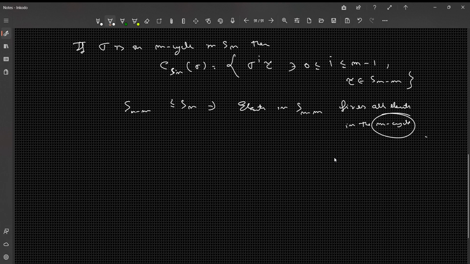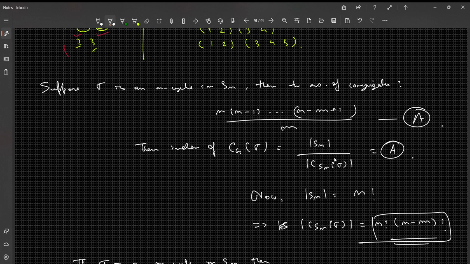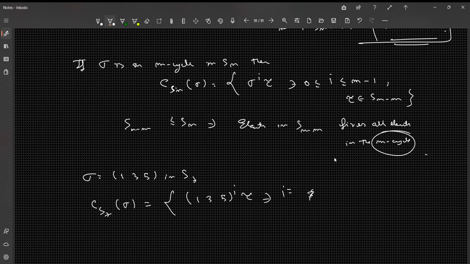For example, if you have sigma equal to (1 3 5) in S7, then the centralizer of sigma consists of elements of the form (1 3 5)^i times tau. What is m here? Sigma is an m cycle, and here sigma is a 3 cycle, so i can take the values 0, 1 and 2.